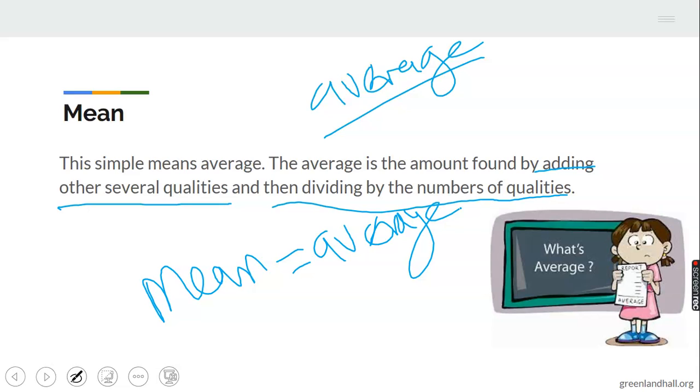But how do you get the average or the mean of a set of numbers or set of items? Quite simple. What you have to do is this. You add the several quantities or items. In this case, definitely it's going to be numbers. You add the numbers together, then you divide them by the number of quantities you have.